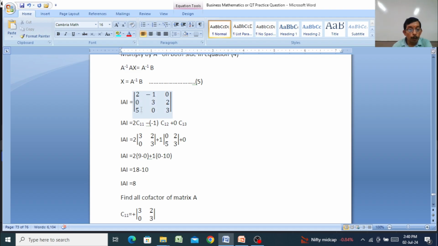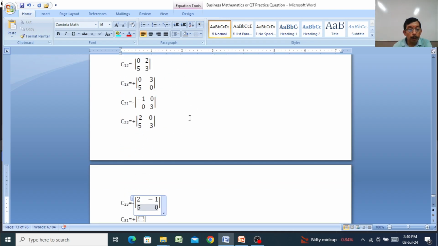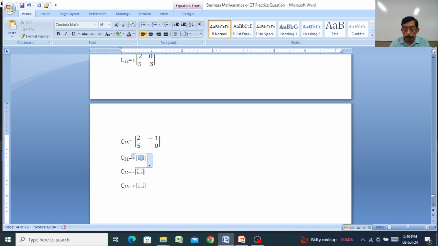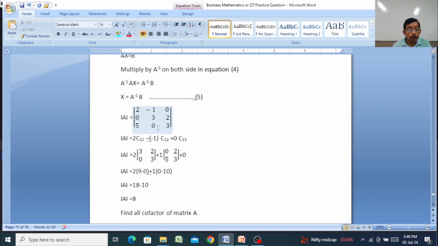C31, third row, first column element, cancel out, then minus 1, 0, 3, 2.